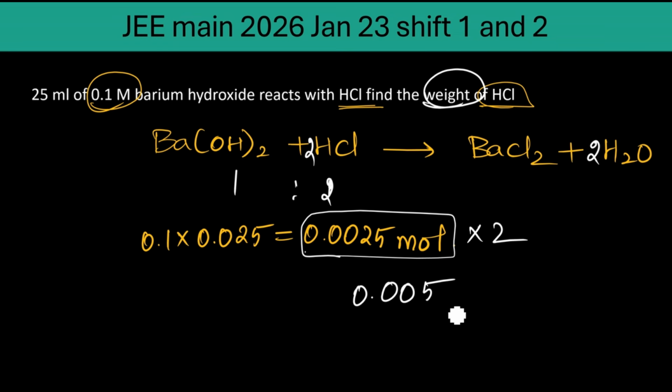They are asking the weight of HCl, so we multiply this with 36.5. I'm not sure whether they have asked in milligrams or grams, so I'm giving it in grams, 0.1825 grams.